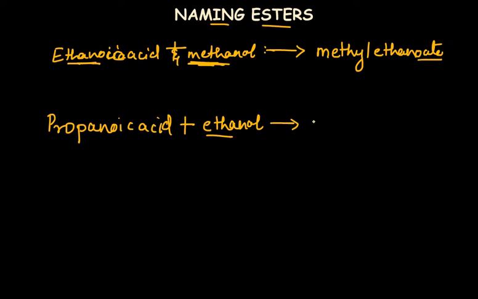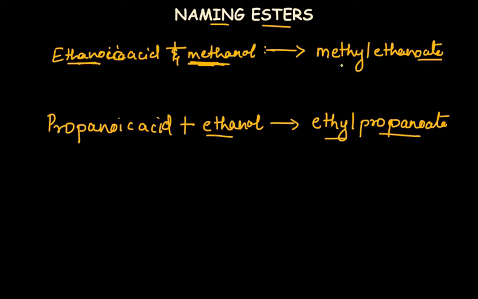So our ester will start with ethyl from the alcohol part, and the acid used is propanoic acid. So ethyl propanoate is the name of the ester made from propanoic acid and ethanol. This way, the name of any ester can be made, or from the name of the ester you can make out which alcohol and acid were used to make it.